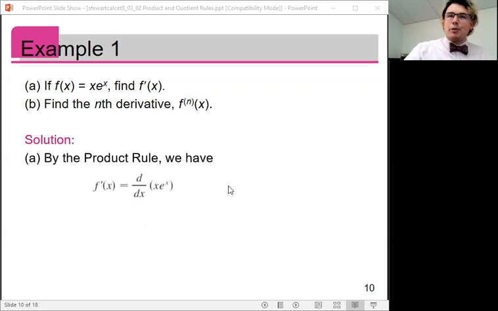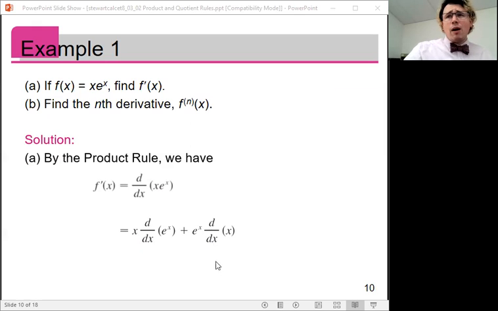To use the product rule here, my formula is the first function times the derivative of the second, plus the second function times the derivative of the first. Here, f prime of x is equal to x times d on dx applied to e to the x, that quantity plus e to the x times d on dx applied to x.